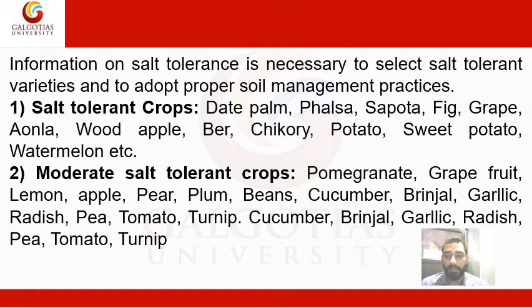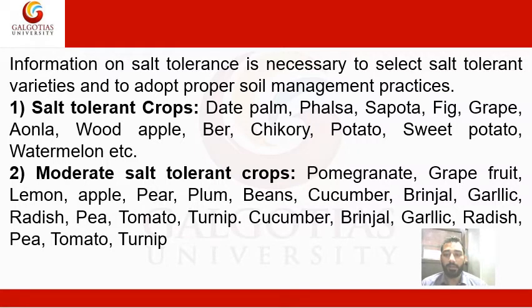Information on salt tolerance is necessary to select salt tolerant varieties and to adopt proper soil management practices. Salt tolerant crops: here are some crops that are salt tolerant. They can grow successfully in areas where the salt amount is higher in the soil.